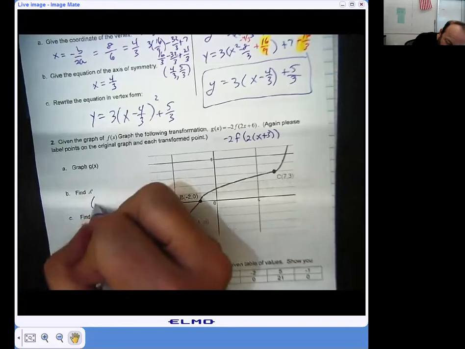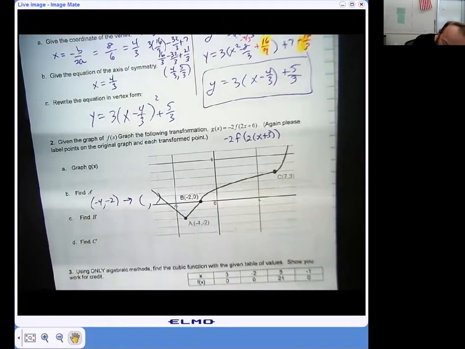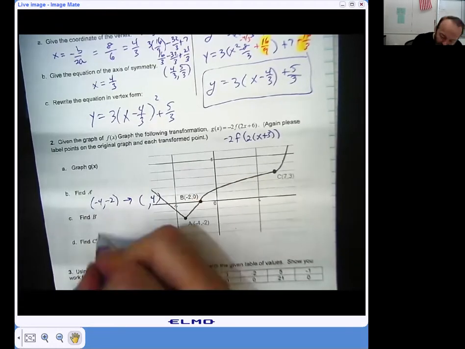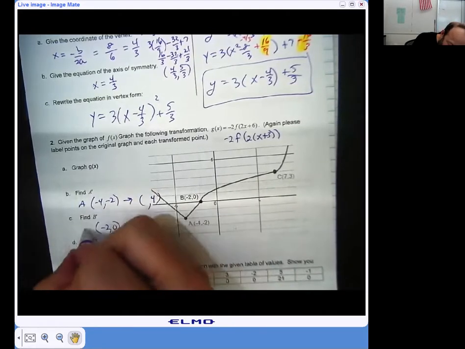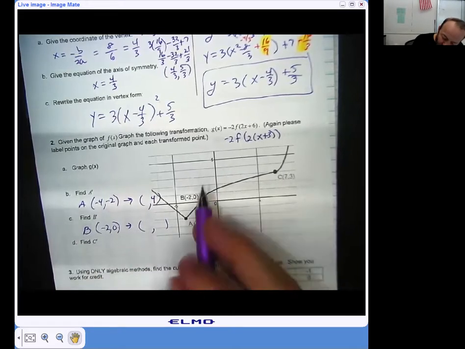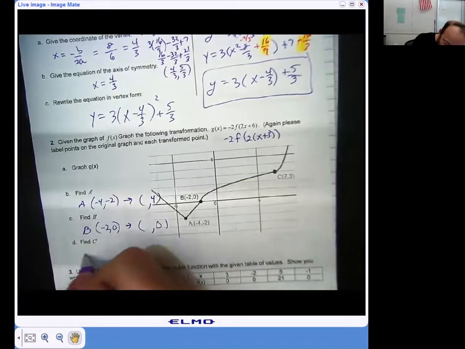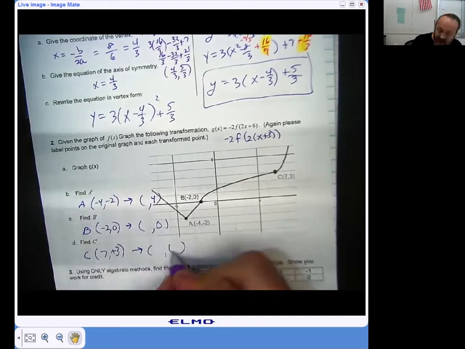So since a is -4, and I multiply all the y values by -2, it's going to make that y value 4. Since -2 comma 0 is the b value, that means I'm going to multiply 0 by -2. And last, when I take the c, which was 7 comma 3, it's going to turn into 6.